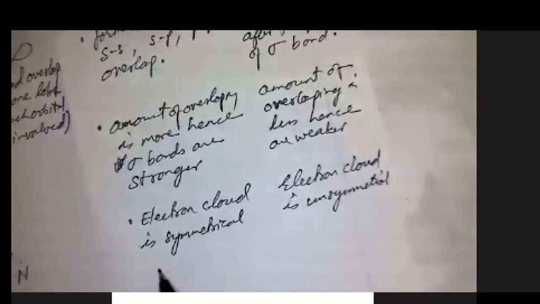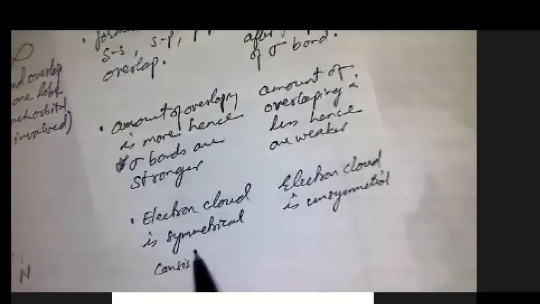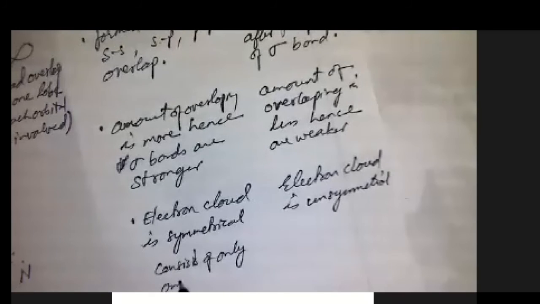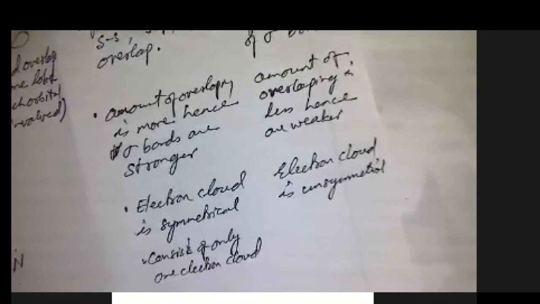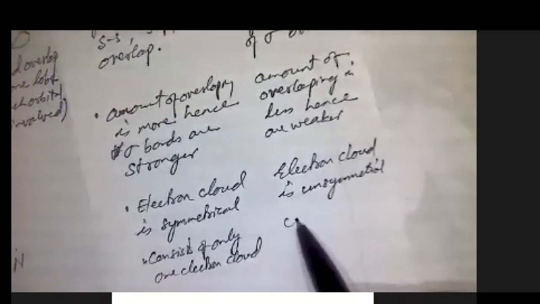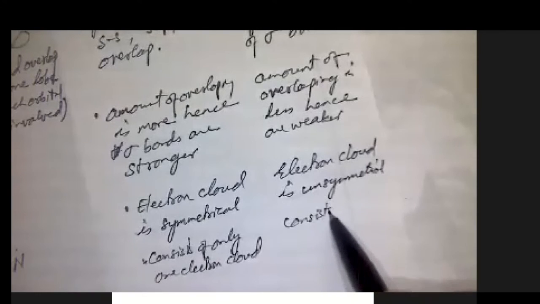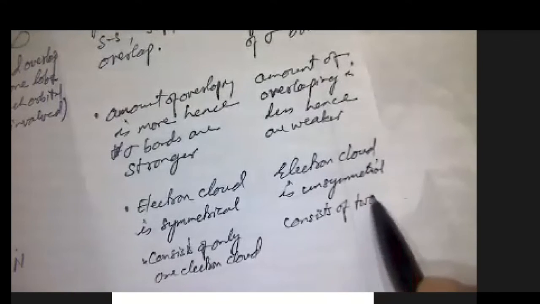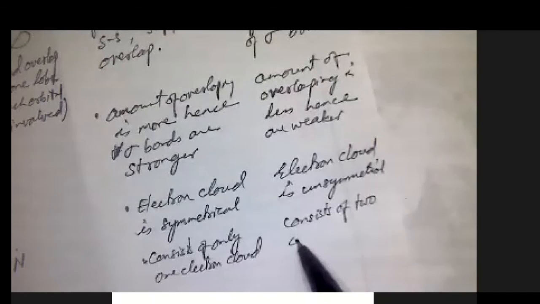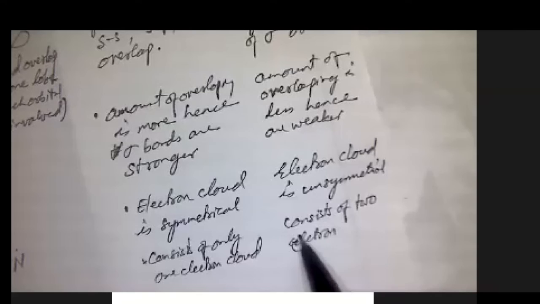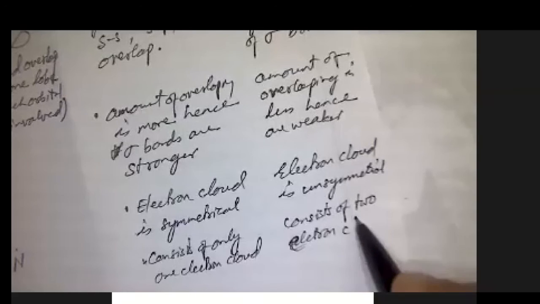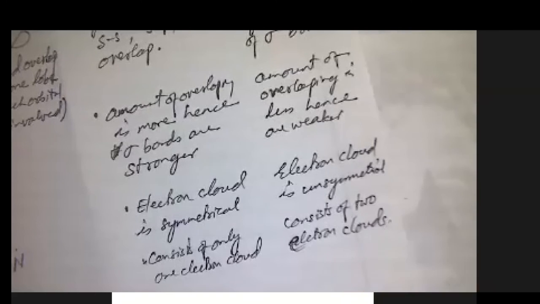Here it consists of only one electron cloud. There's only one overlapping, isn't it? Here it consists of two electron clouds.